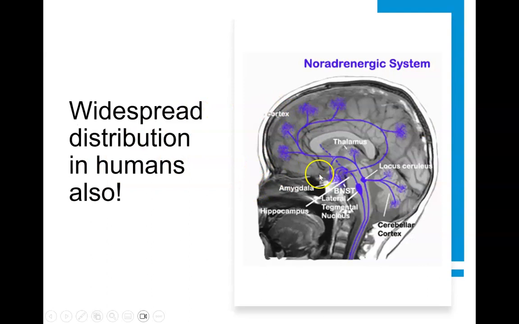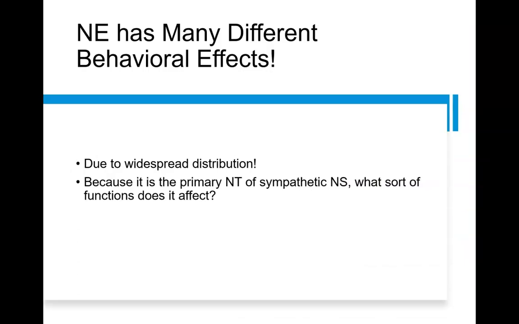And you can see this in humans as well. So here is kind of our locus coeruleus right here, and you can see this widespread distribution throughout the brain and the cortex. Now, norepinephrine has many different behavioral effects due to its widespread distribution.